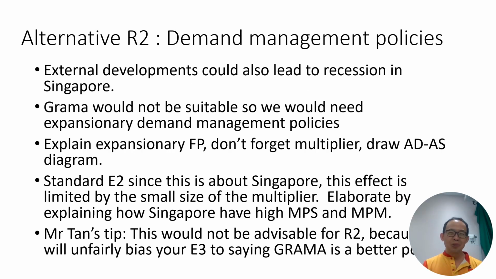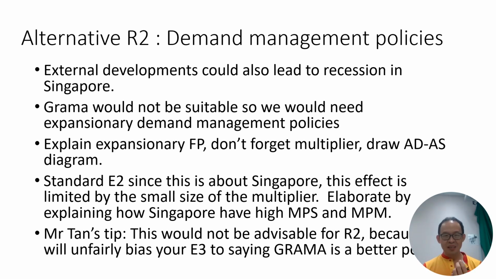Now, of course, you could have an alternative R2 where you talk about demand management policies instead. If you want to use this point, for your external developments, you will say that it will lead to recession in Singapore. In this case, GRAMA, when you appreciate the currency, is actually a contractionary monetary policy, which is a contractionary demand management policy.